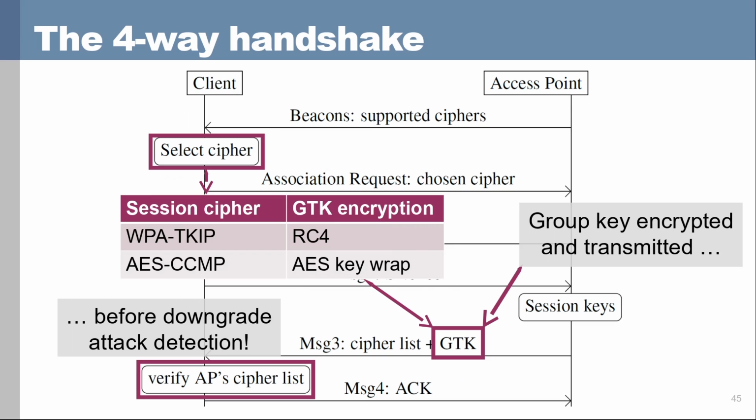And in case that the session cipher is WPA TKIP, then this group key, when it is transmitted to the client, is encrypted and protected using RC4. If AES would have been used, then we also would use AES to protect the group key and everything would be fine. However, in this case, we are using RC4 if we are performing this attack. And RC4 is, of course, quite bad.